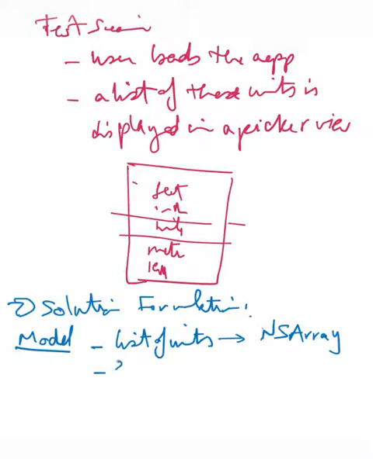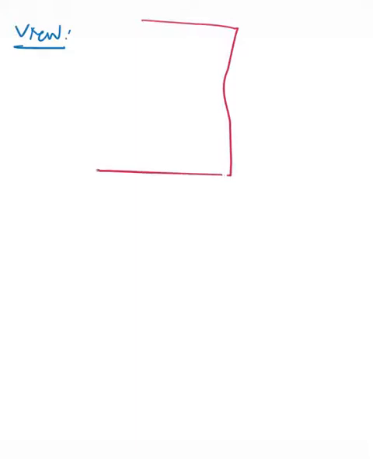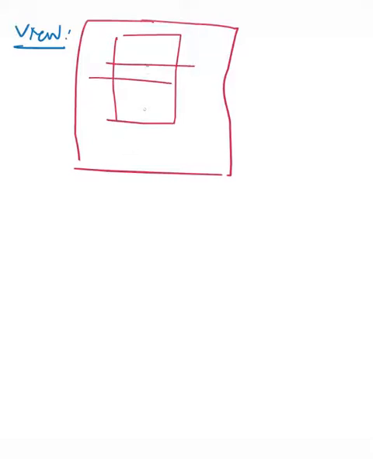We will put the list of units in a file, and we'll use the property list file because we used it before. The second part is the view, and in the view we will have one screen with one picker view. So one picker view here inside the screen, and the picker view will have all the list.